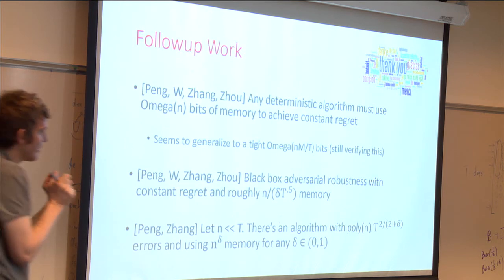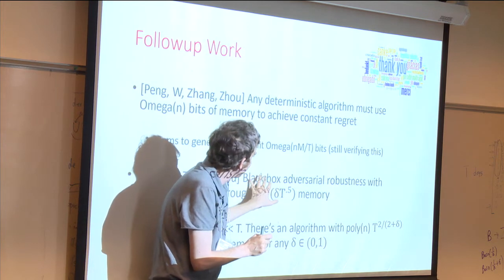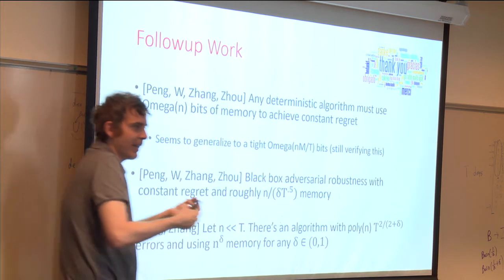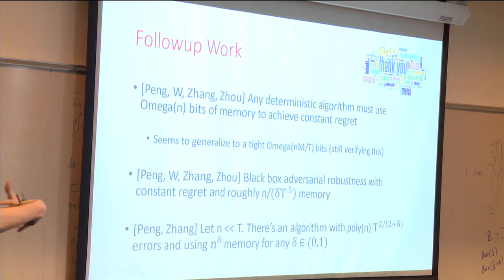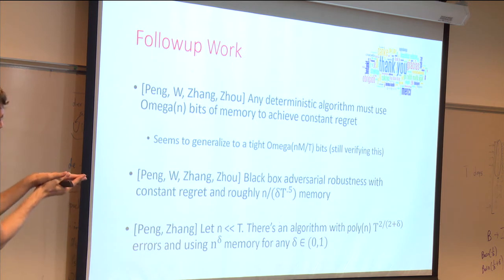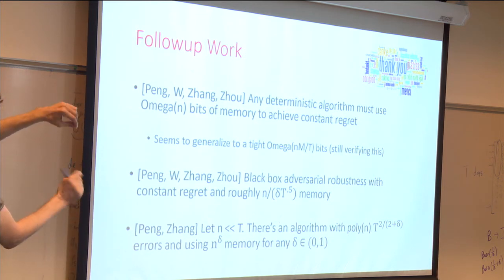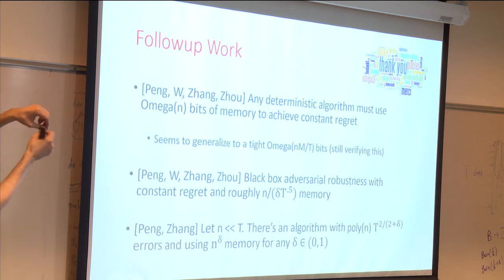With those same conditions, we can get n over delta root t memory and handle an adversary that can choose its inputs as a function of your outcomes. And this uses ideas in differential privacy to take multiple copies of the randomized data structure and output a private median of the copies, where the output is the prediction.